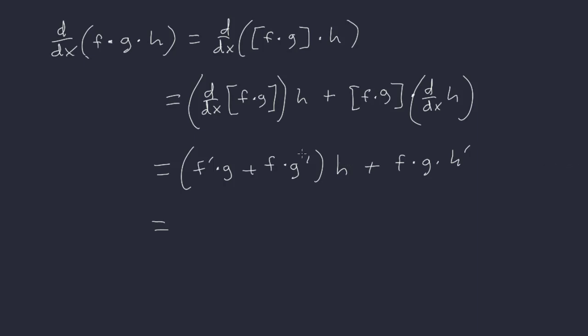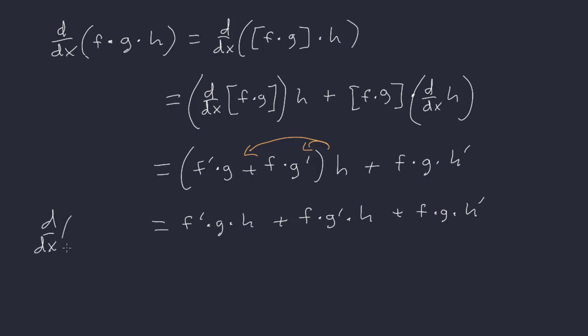Now, if I distribute this h across, we'll actually end up with f prime times g times h plus f times g prime times h plus f times g times h prime. Look at what we've done. Right? This is the same exact pattern, just continued a step further.